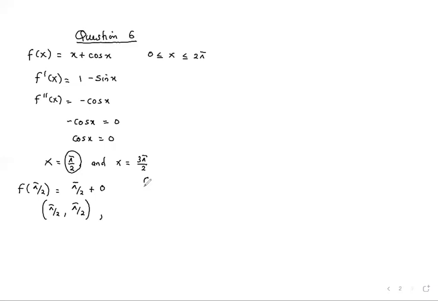The second point, f of 3 pi over 2 is equal to 3 pi over 2 plus cos 3 pi over 2. But this is 0, so another point is 3 pi over 2 comma 3 pi over 2. And that's how we answer this question.